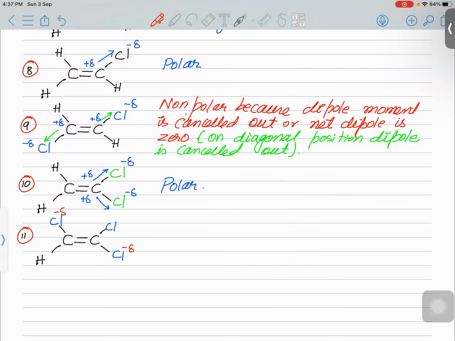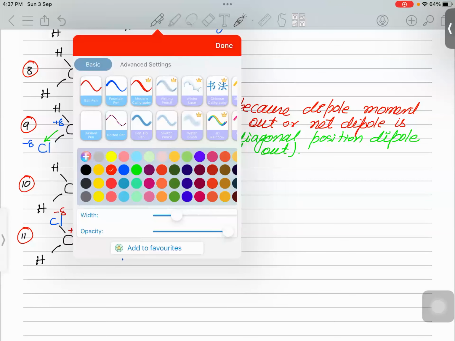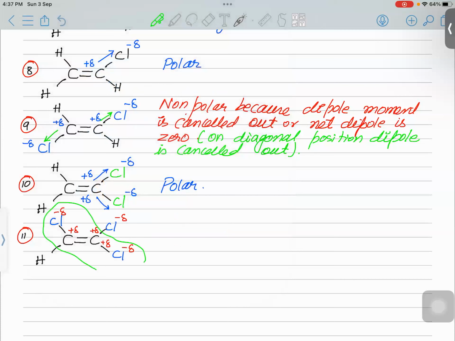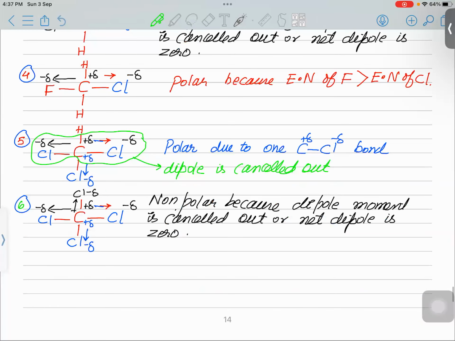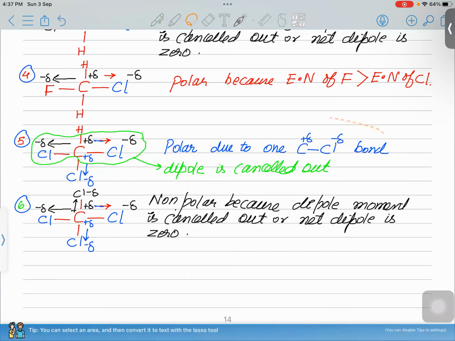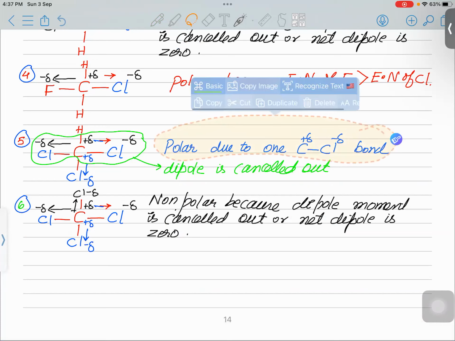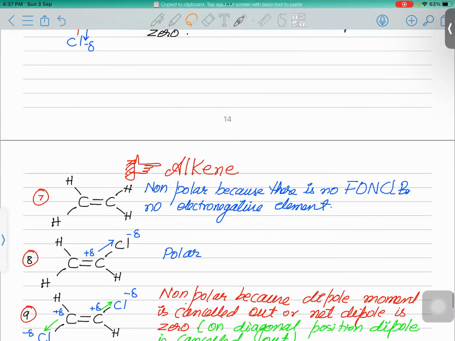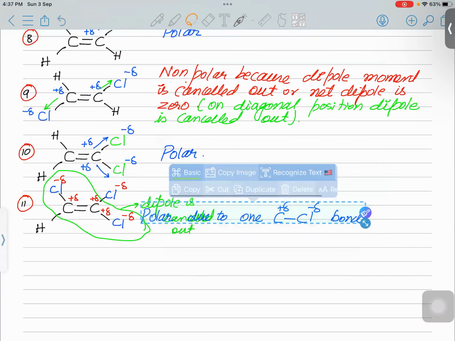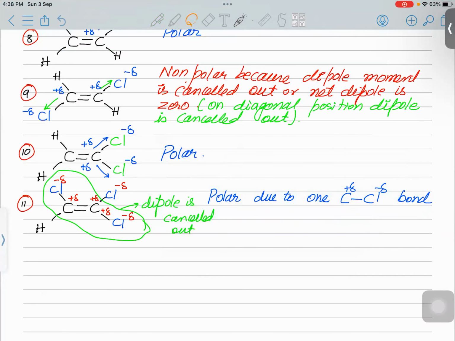This dipole is cancelled out, but still you have this dipole. Polar due to one carbon-chlorine bond.